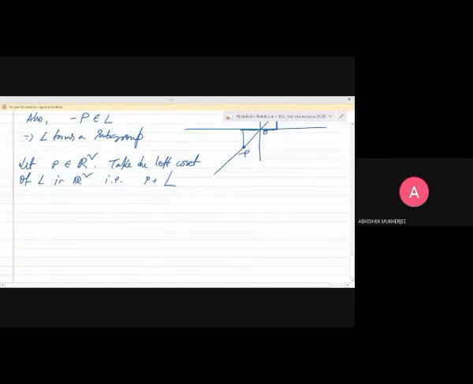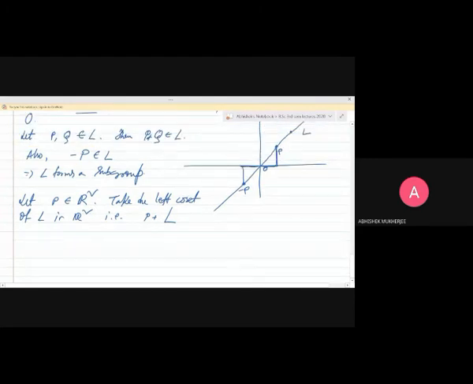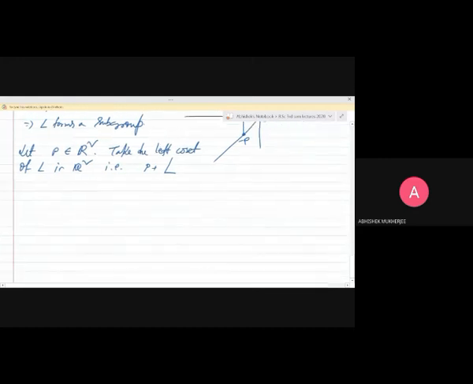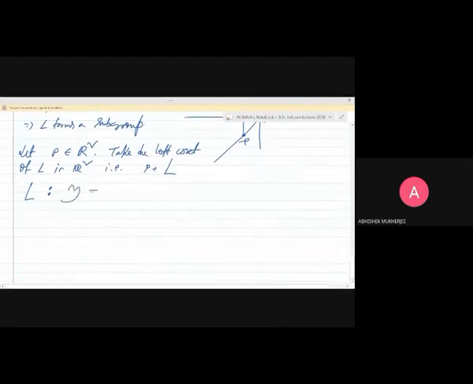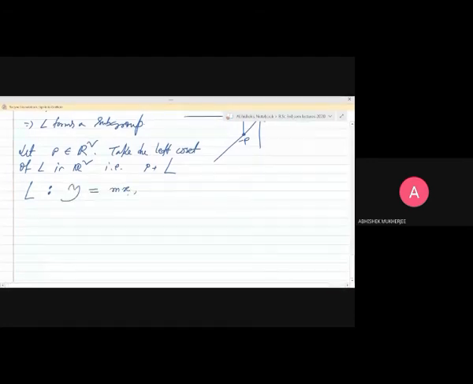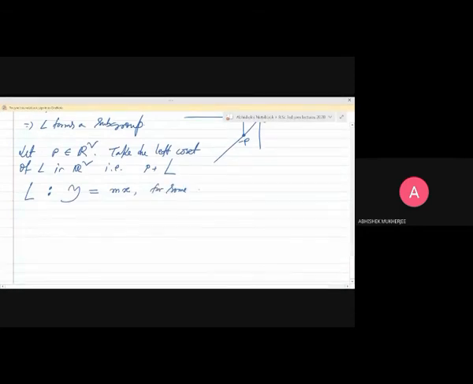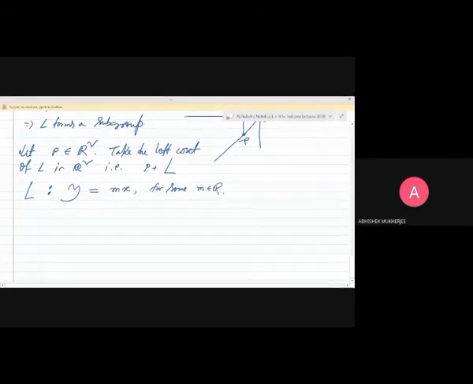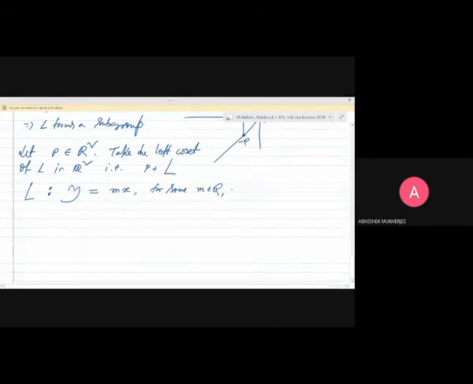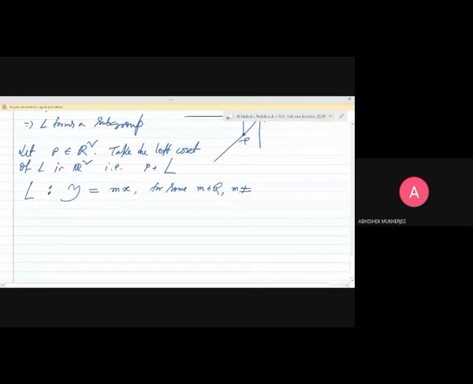Now since L is the line passing through the origin, its equation must be of the form y equals mx for some m belonging to R, m not equal to 0. Right?